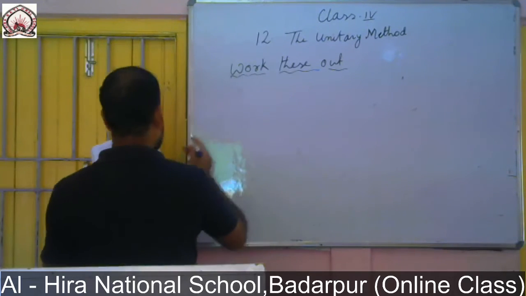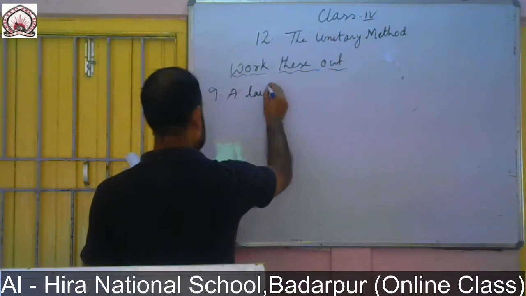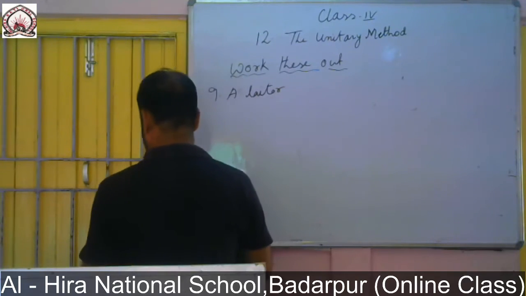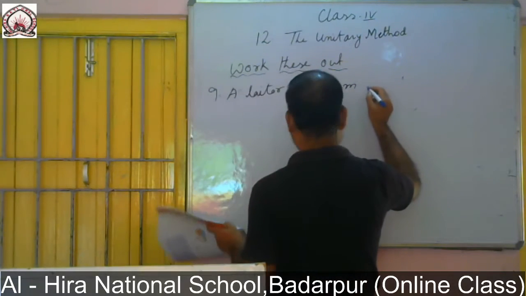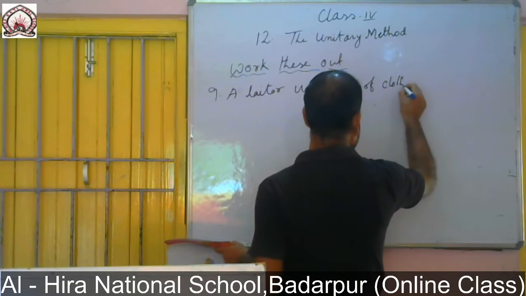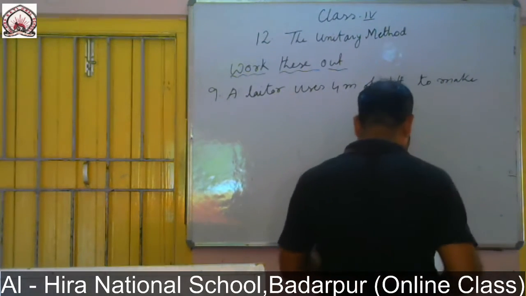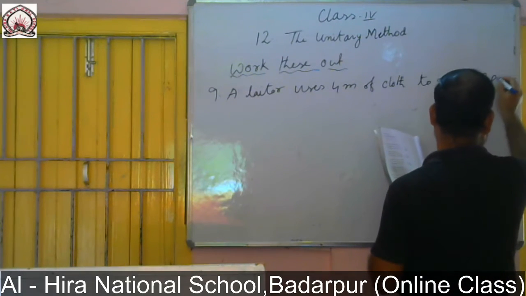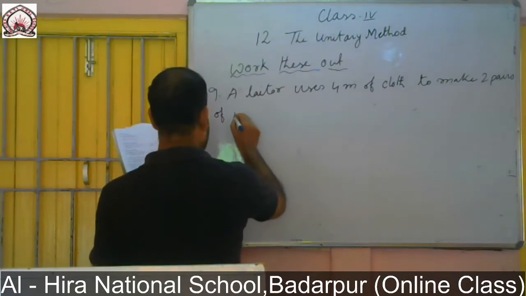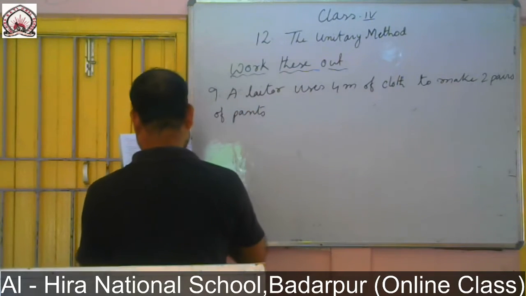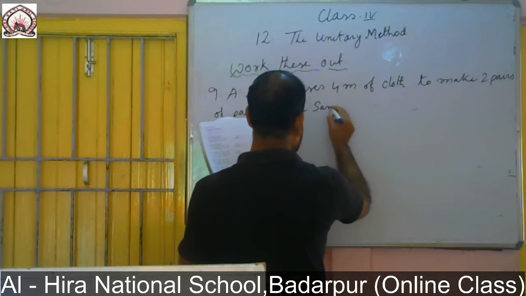So, question number 9. A tailor uses 4 meter of cloth to make 2 pairs of pants of the same size.